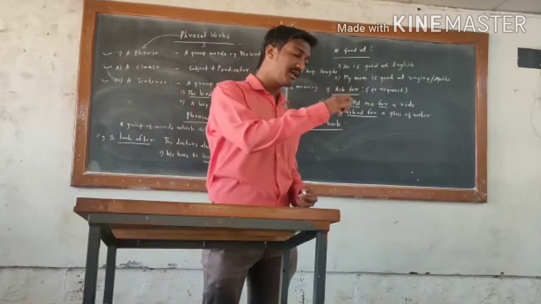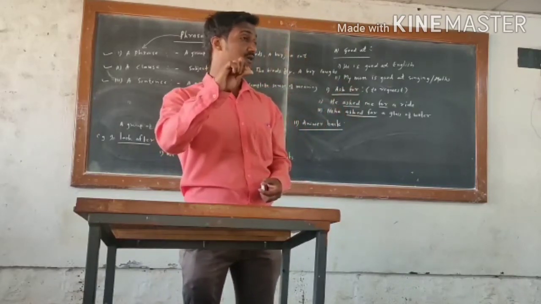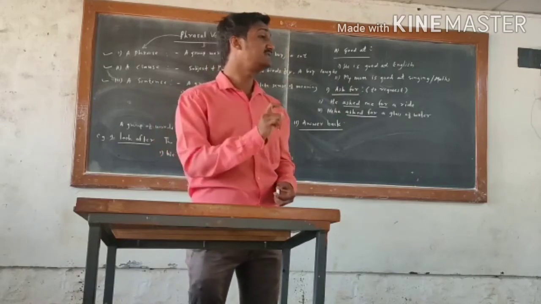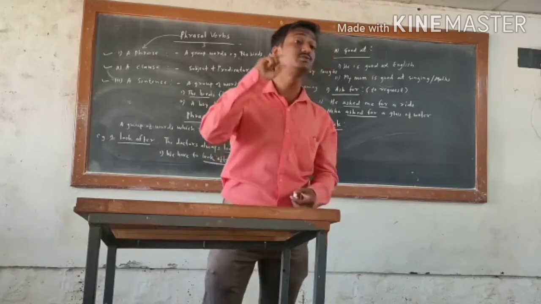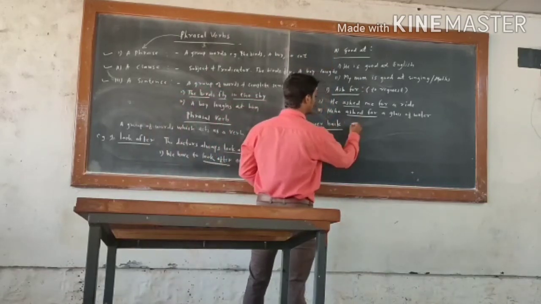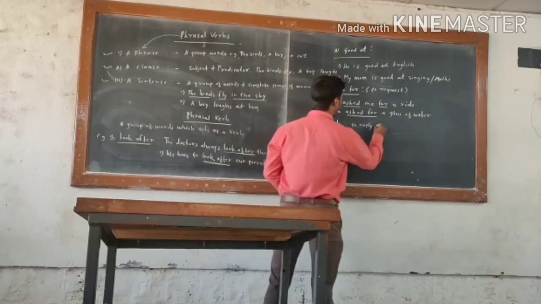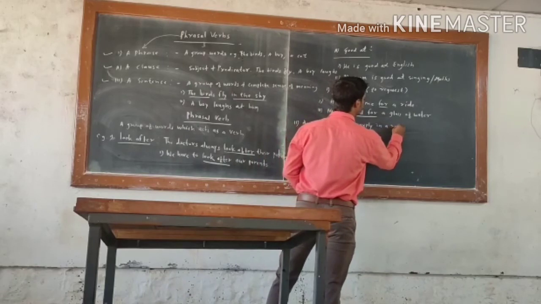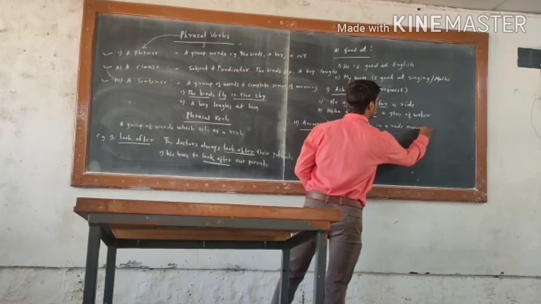Now here, when I say my friend answered back to our teacher or our principal, what does it mean? His reply was not polite. He was rude. So here, what is the meaning of to reply? To reply in a rude manner is the meaning.